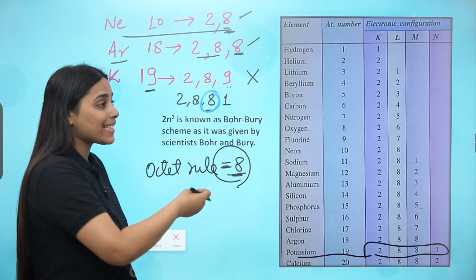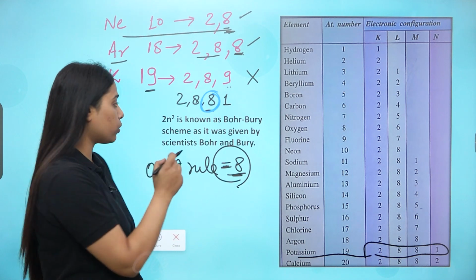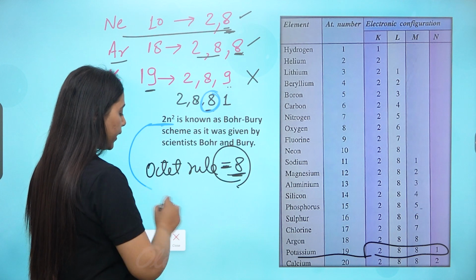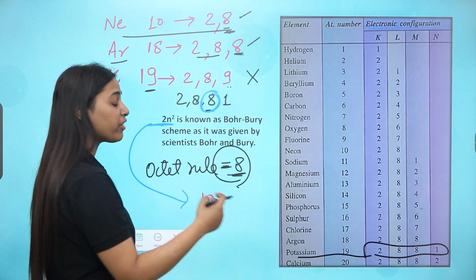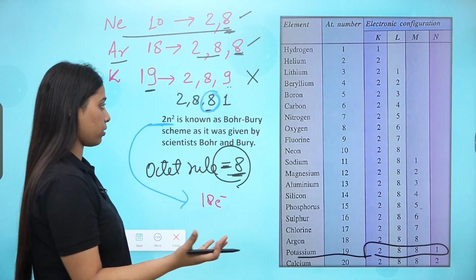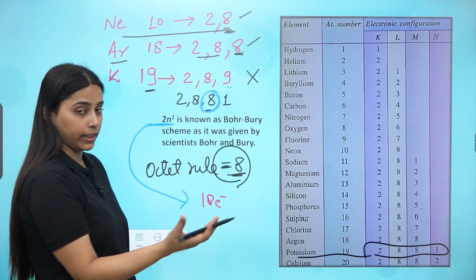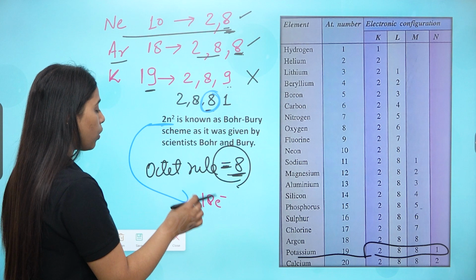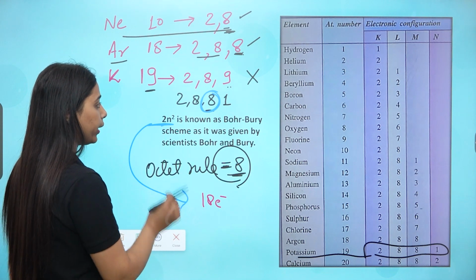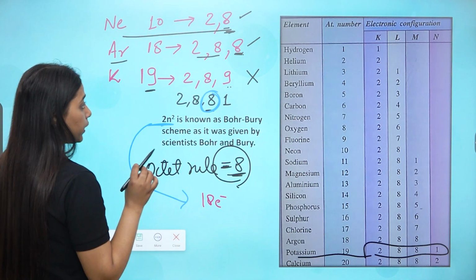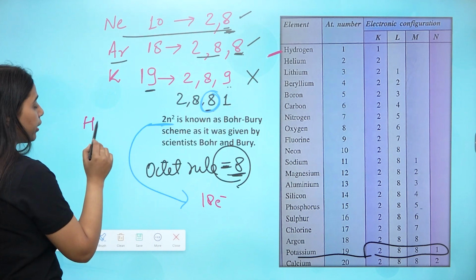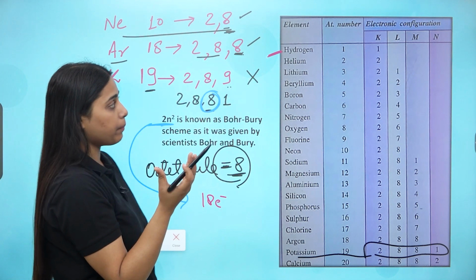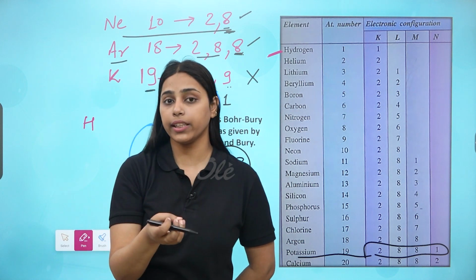So the second last shell is written as 8. It is an exception to that 2n square rule, which states that it can have a maximum of 18 electrons, but we cannot fill 18 electrons or more than 8, because it will violate this octet rule. Whenever we are making any element stable, we follow the octet rule.